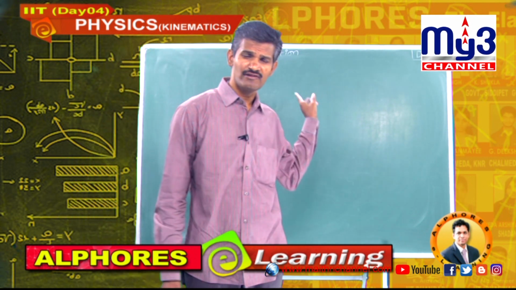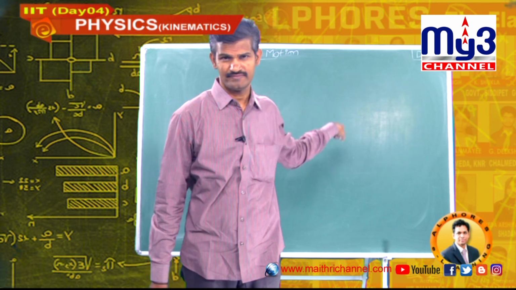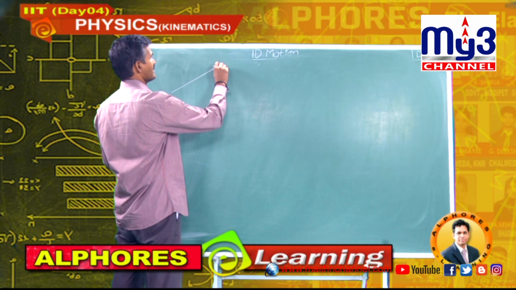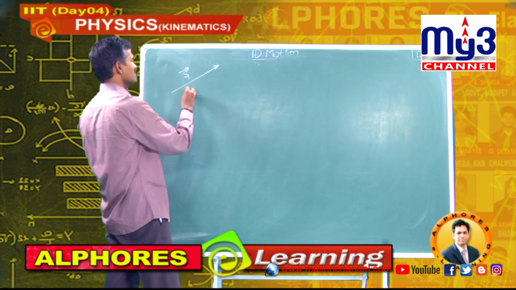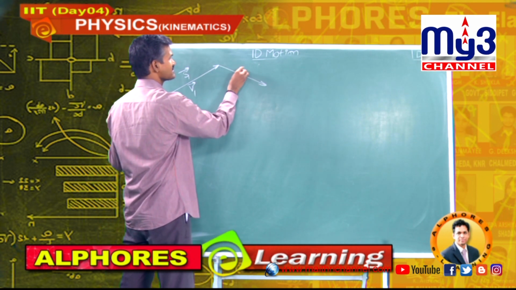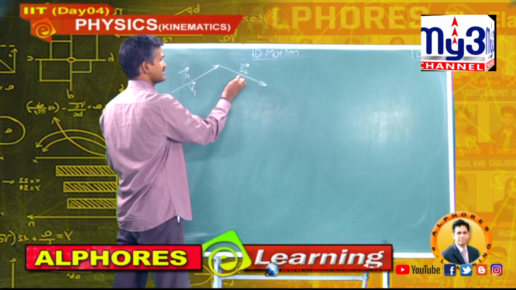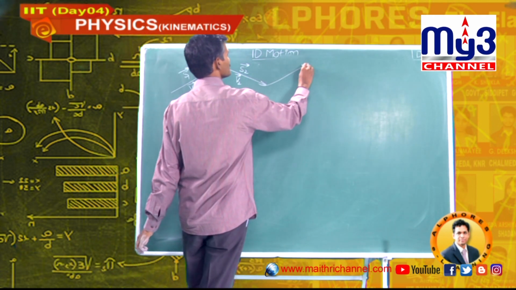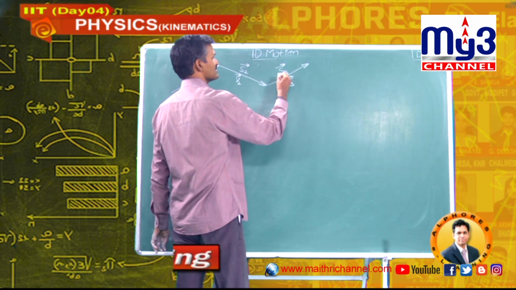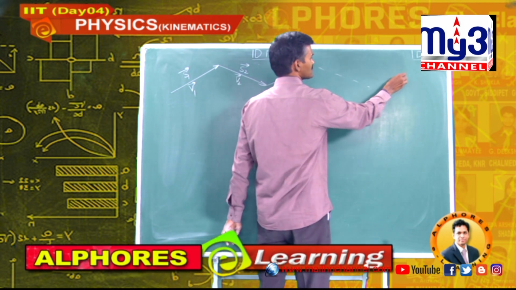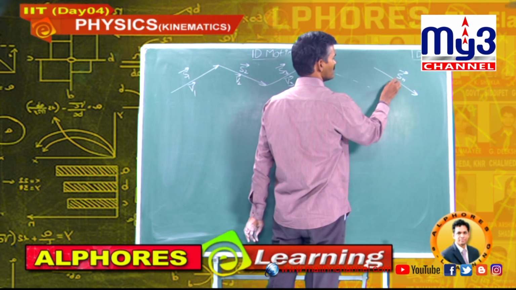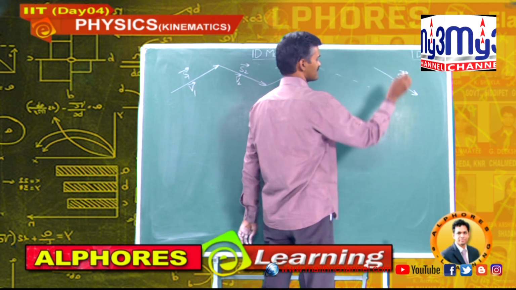Students, the same average velocity can also be asked in another way. That way is, if a body covers S1 bar displacement with V1 bar velocity and S2 bar displacement with V2 bar velocity and S3 bar displacement with V3 velocity and so on, it covers some Sn bar displacement with Vn bar velocity.